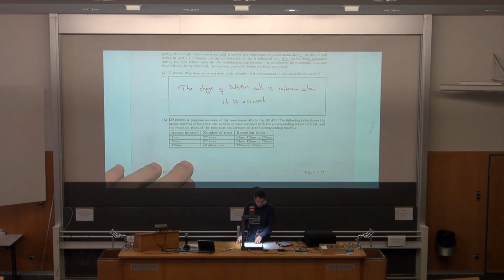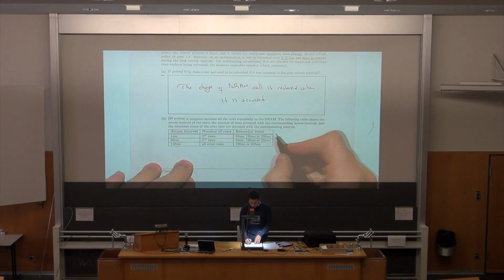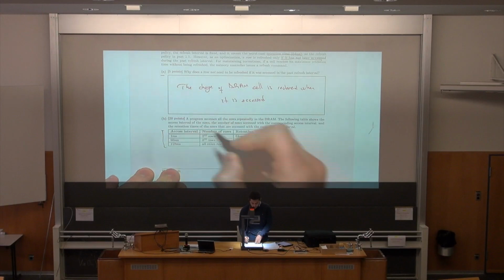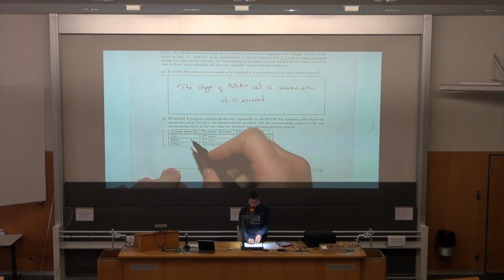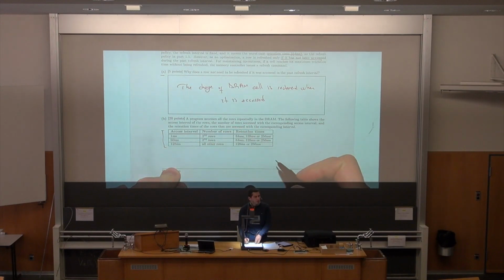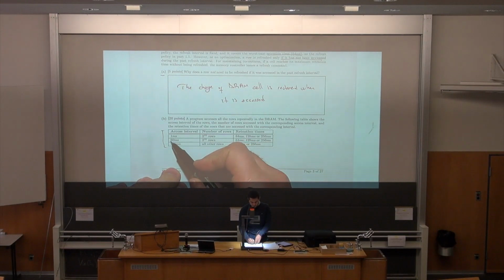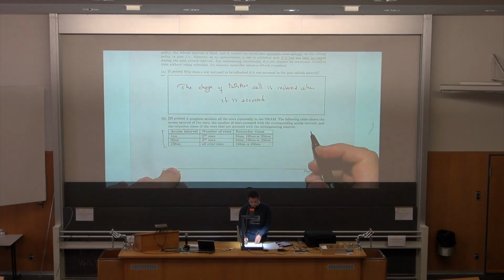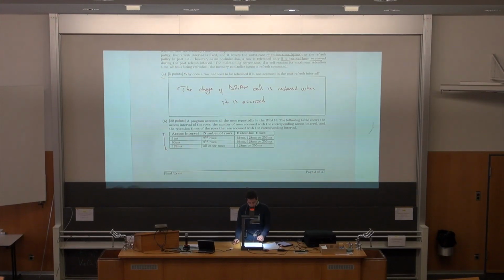For the second one, we are given a program that accesses the rows in this fashion. Basically, for that many rows, it accesses each 1 millisecond, and for that many rows, it accesses every 60 milliseconds, and for the rest of them, it accesses every 128 milliseconds.